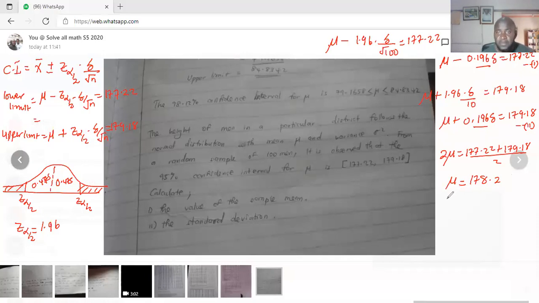So consequently, we substitute and find sigma, which is 1.96 sigma over 10 is equal to 179.18 minus 178.2, divided by 1.96.